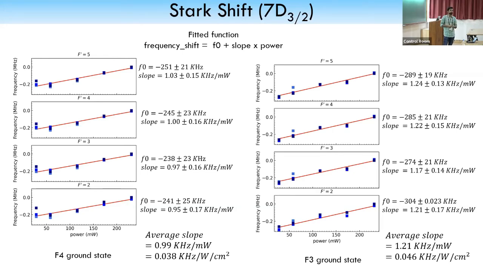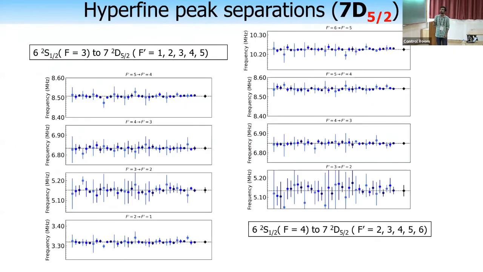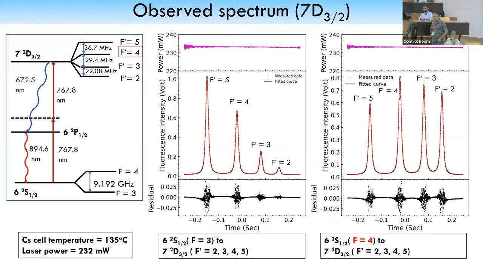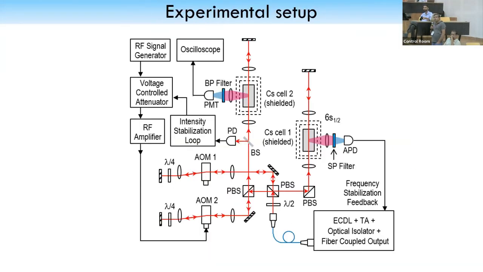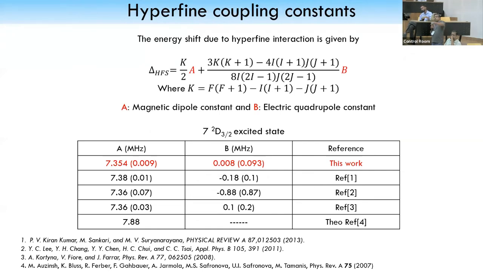Thank you, Sourav. There are two more questions. The expression you showed in the beginning for the hyperfine levels, if you go back to that expression. See, this is not exact. You must have fit your data to this equation, and you are claiming your precision is very high.